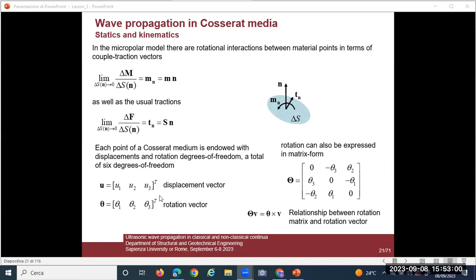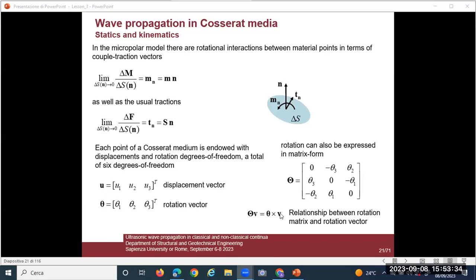Now, the thing is, rotations can be represented basically in two ways. You can represent it by a vector. These are rotations about the three coordinate axes, or in matrix form, like that. And the relationship between the rotation matrix and the rotation vector is exactly this one.